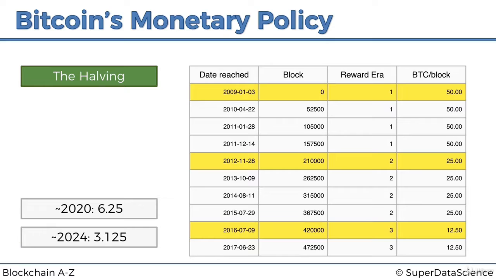about every 4 years. And the important thing to note here is that the monetary policy of Bitcoin is entirely controlled by its software. It's entirely under the control of the algorithm that is in Bitcoin. It's not somebody going out there and saying, okay, we're going to change the number of Bitcoins released this year to this amount. No, it's all pre-programmed into the software.